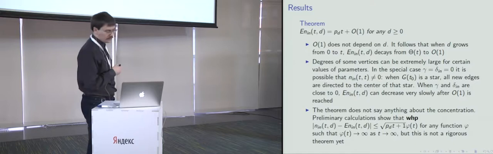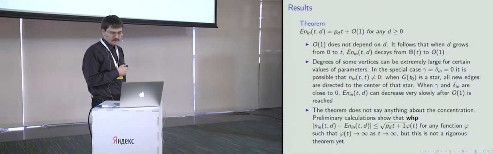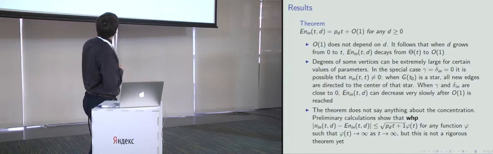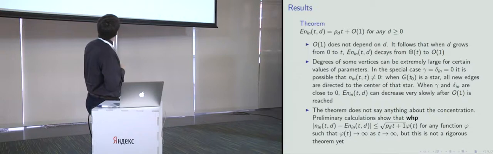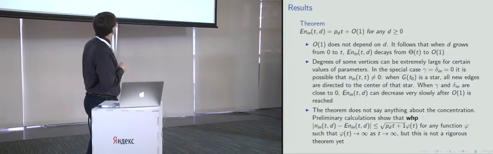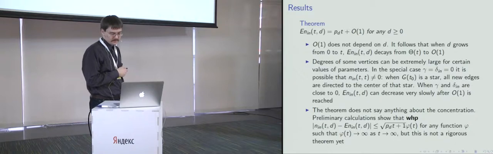It's interesting to note that O at 1 is actually the exact bound in a special case. If gamma and delta are 0, then it is possible that there are vertices of the maximal possible degree. If the initial graph is a star, then all new edges are directed to the center of the star.